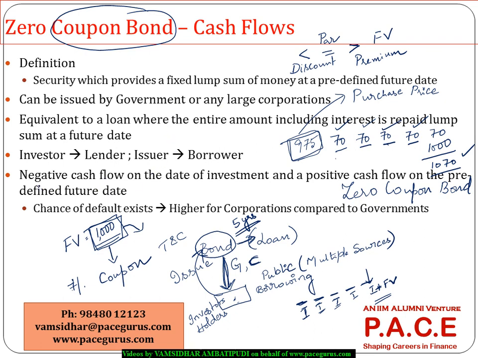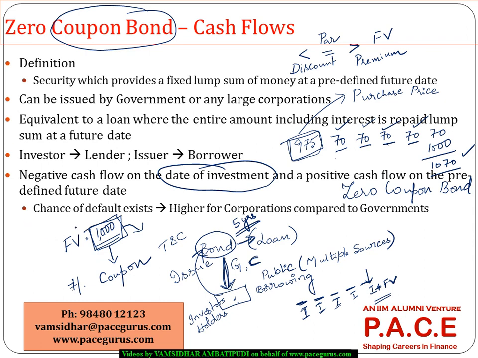So that's the reason for such an instrument, the negative cash flow happens on the date of investment. From a lender's perspective, there is a negative cash flow on the date of investment and a positive cash flow at a future date.